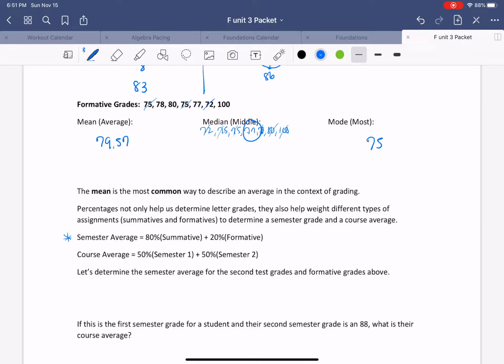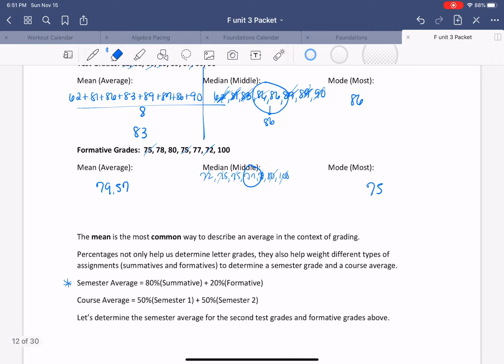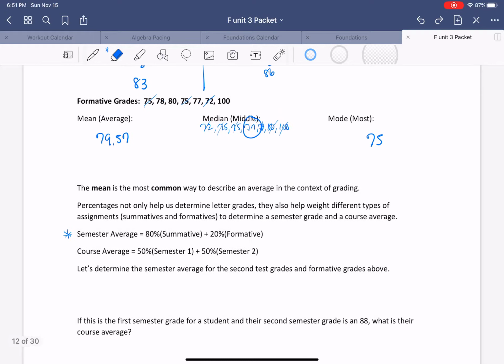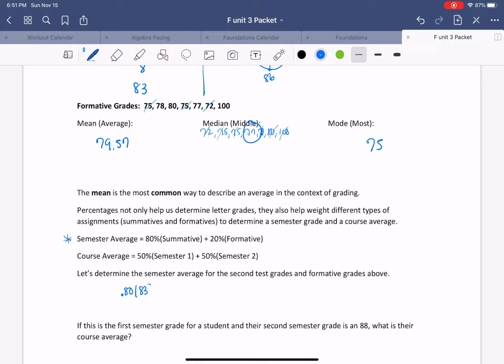So we're going to determine the semester average for the second test grade and the formative grades to see what you have for semester. And we're going to use the mean because that's what we use. So it's 80% summative and 20% formative. So that's going to be 0.80 times 83 plus 0.2 times 79.57.